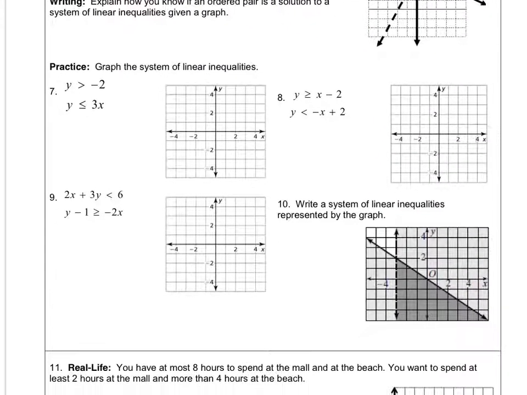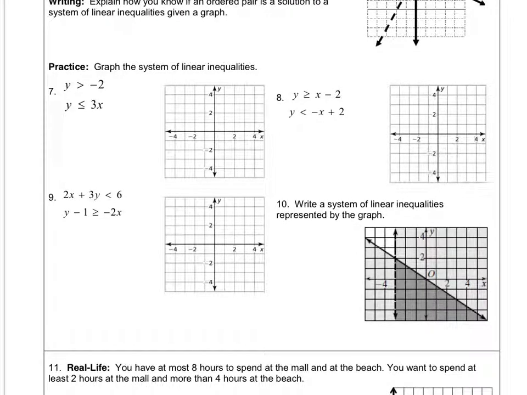Okay, so what we're going to be doing for classwork is taking a system of inequalities and graphing them. We're going to use our calculator to do this for the most part. So starting on number 7, we've got y is greater than -2.